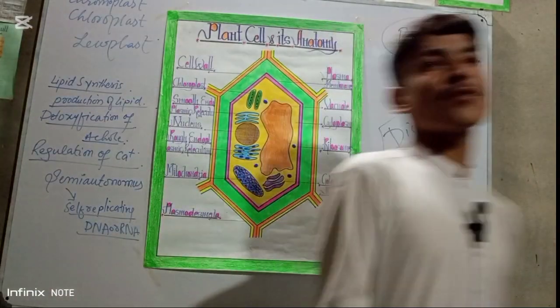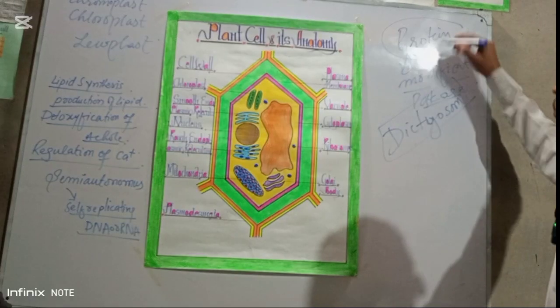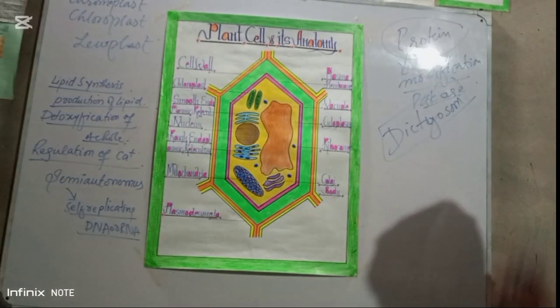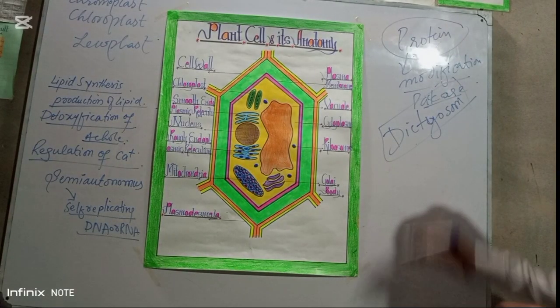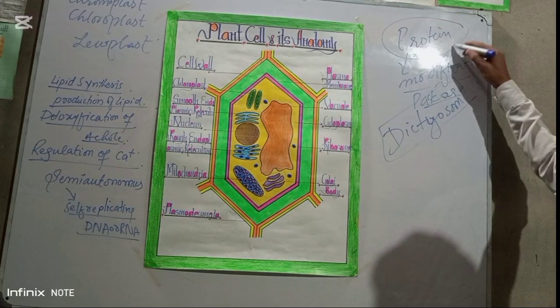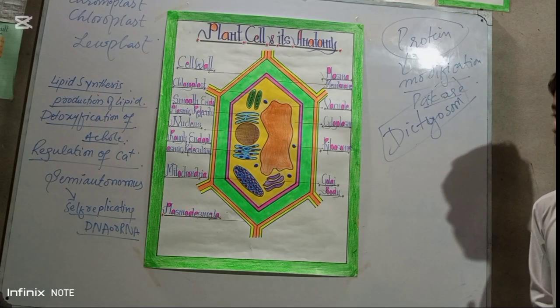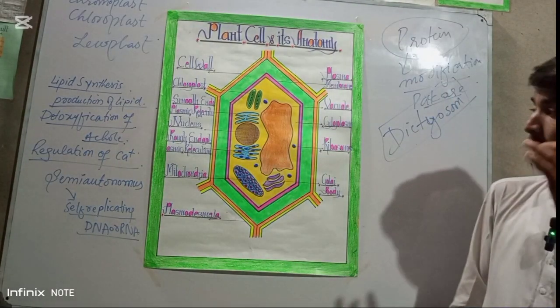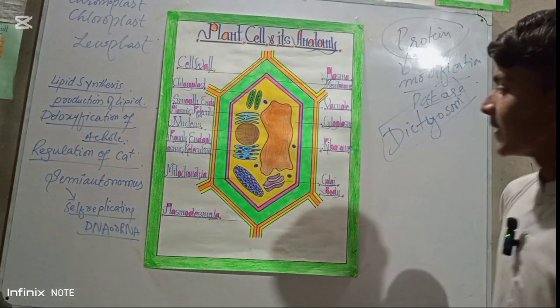All these are functions of the Golgi body: transport, production, and modification of the proteins. These proteins are in vesicle form, transported and modified in the Golgi body. After that, proteins are easily transported to where they are needed in the different structures of the cell.